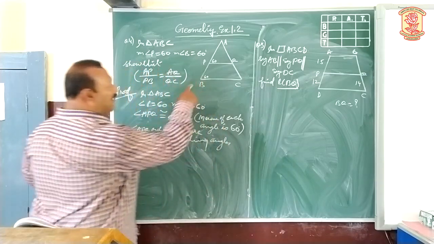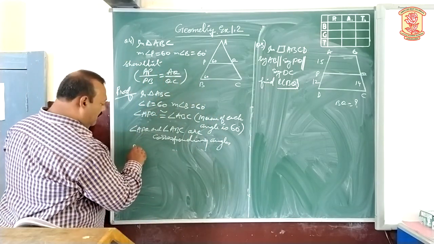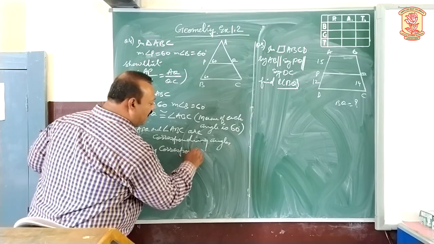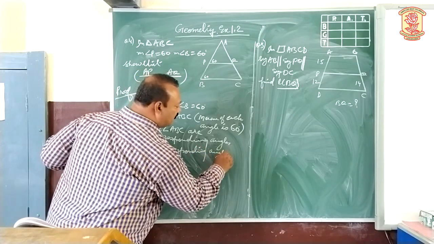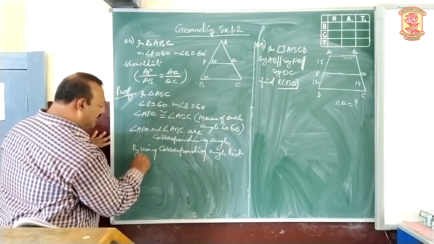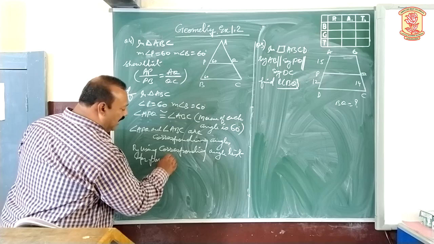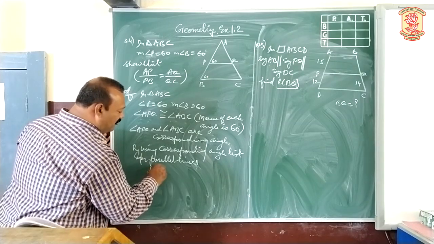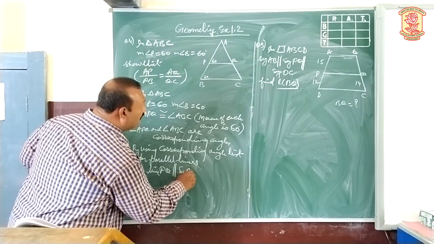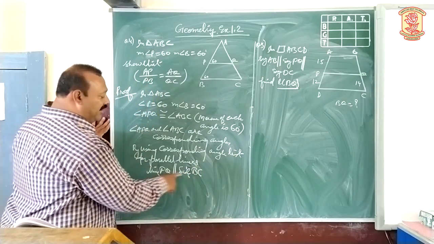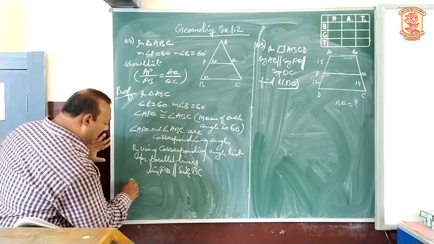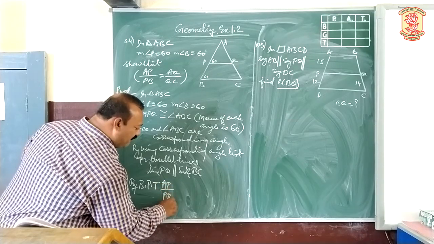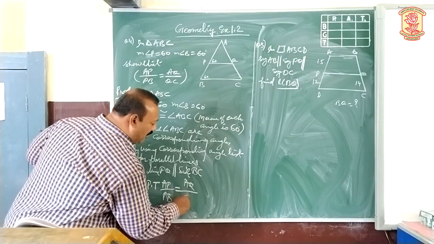And as corresponding angles are congruent, by using the corresponding angle test for parallel lines, we can say that line PQ is parallel to side BC, and when line PQ is parallel to side BC, we can apply BPT. AP upon PB also equals AQ upon QC.